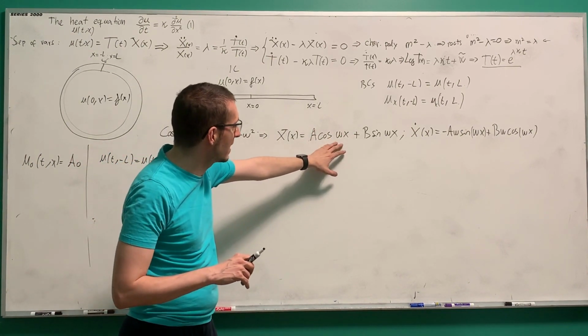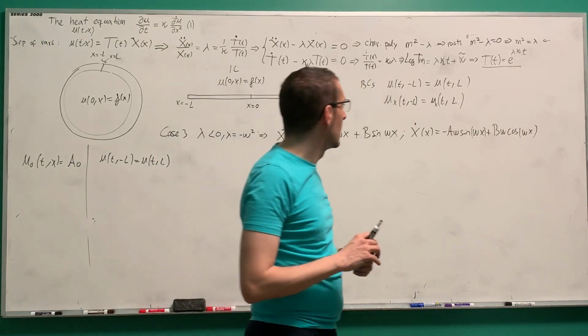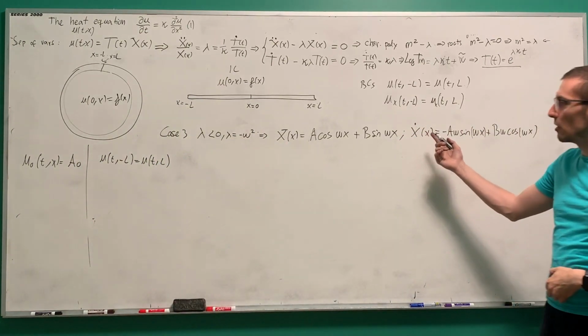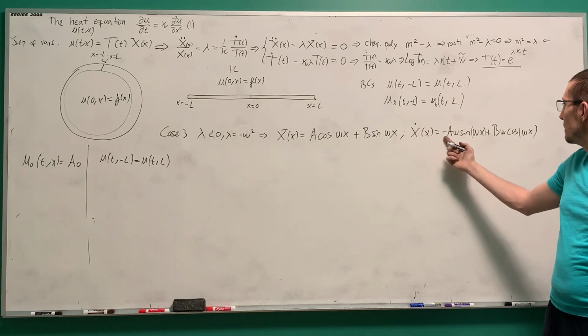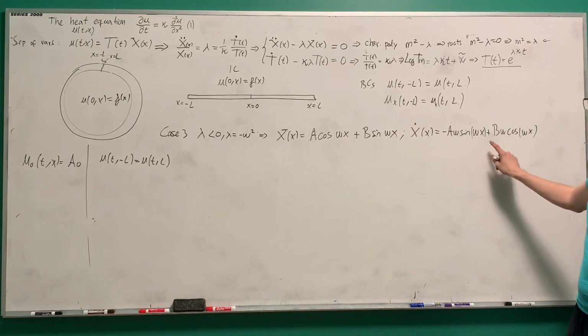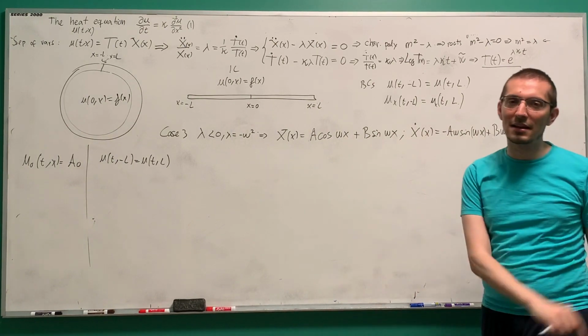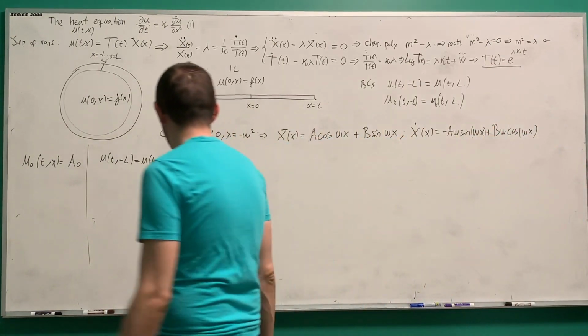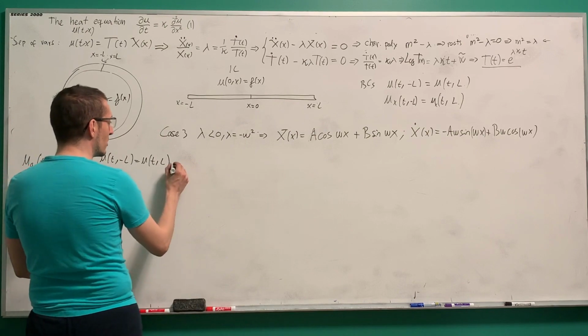It's a cosine omega x plus b sine omega x. I also computed the derivative here because we need it for the conditions, which is minus a omega sine, right? The derivative of the cosine is the minus sine, plus b omega cos, the derivative of the sine is the cos. Now, let's apply the boundary conditions.